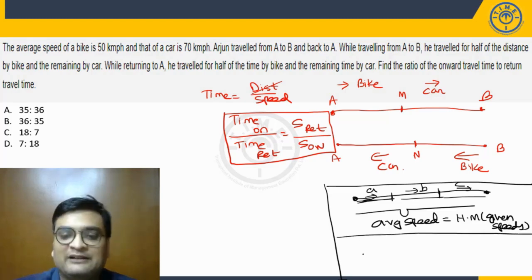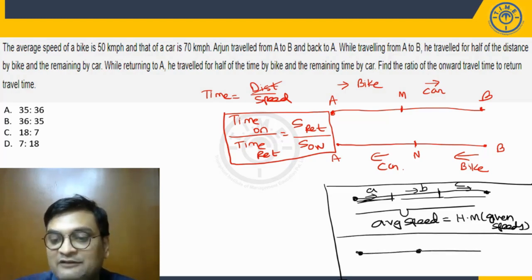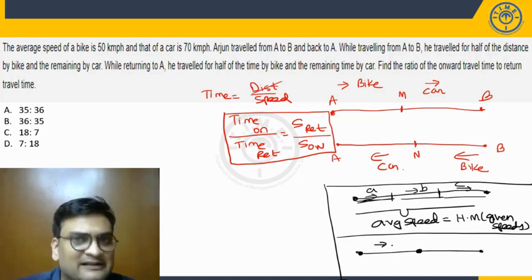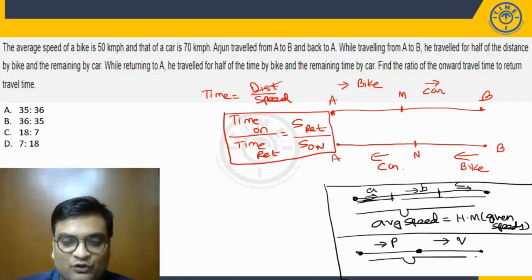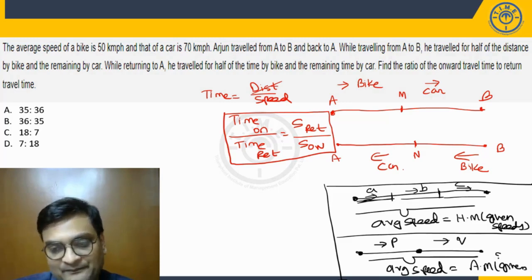Now in case a person travels for equal times, let's say 2 hours at P kmph, again 2 hours at Q kmph, then the overall average speed is given as the arithmetic mean of the given speeds.